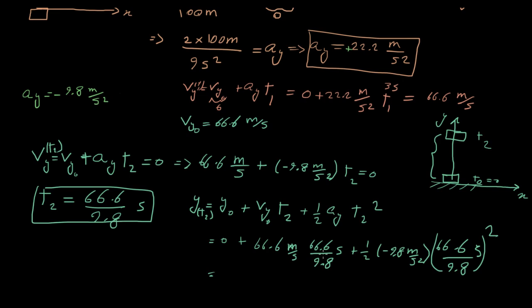Notice that this is twice the other side because of this half. So it is equal to half of 66.6 square divided by 9.8 meters.